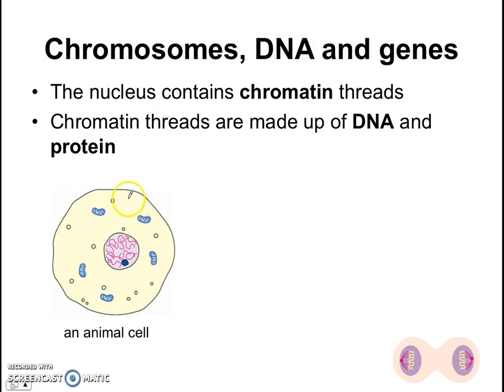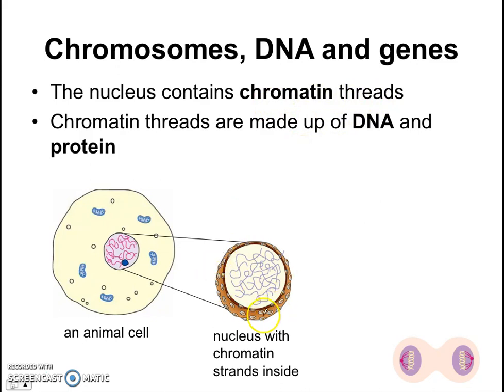Alright, so in the chapter on cells, we learned before that cells contain a nucleus, and the nucleus contains chromatin threads, strands of chromatin. Now, if we look closely at these strands, they're actually made up of 2 things. They're made up of DNA and protein.